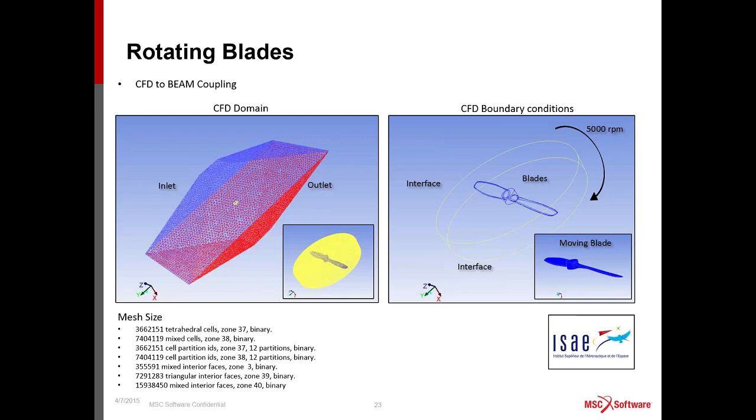In the first model, we wanted to transfer the CFD load to a beam Nastran model. As you can see, there are two blades rotating at 5,000 RPM. The CFD model is quite huge.